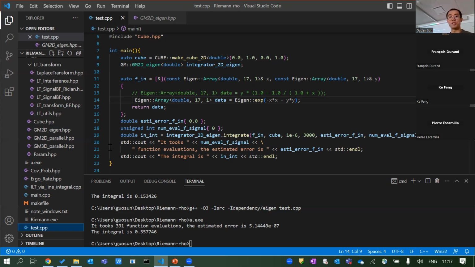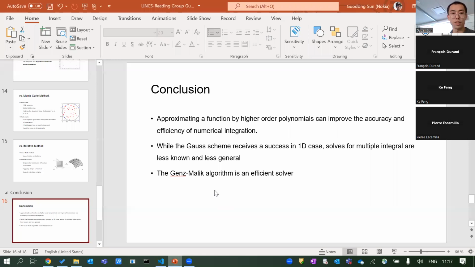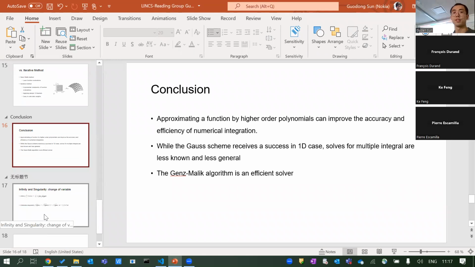So I may end the talk here. So I'm aware there is lots of work on Monte Carlo methods using determinantal point processes. So lots of results. How does it compare? Where is the range where it's better than Monte Carlo?